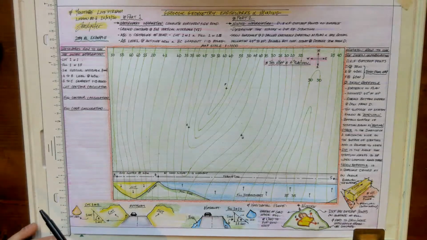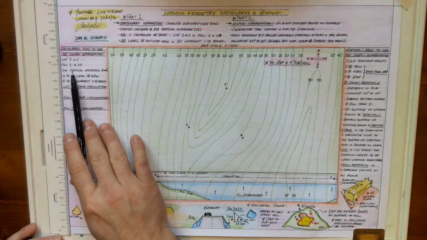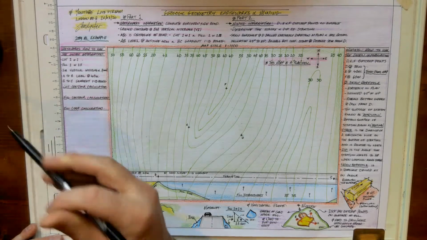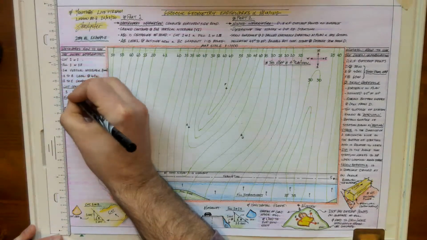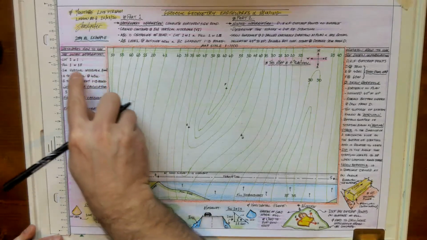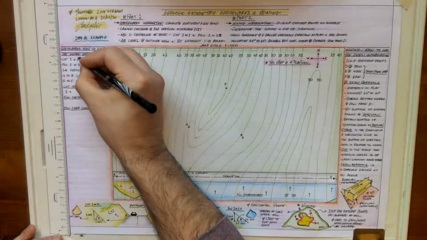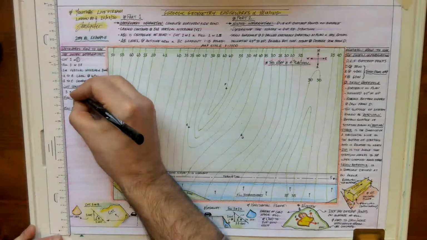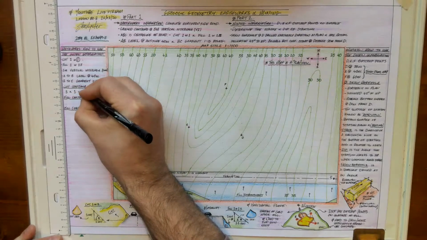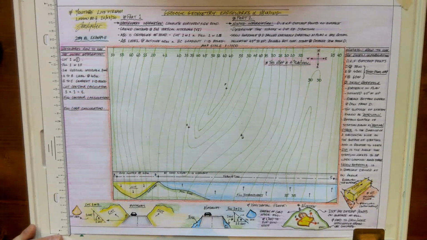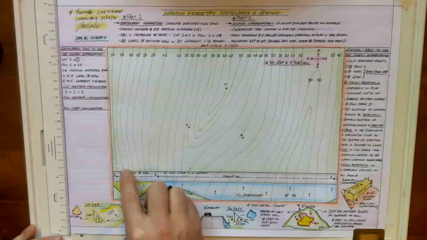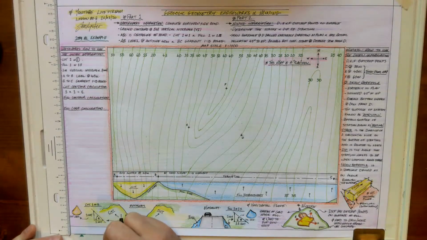So for the cut contour, all I do here, guys, is take the vertical interval value, which I'm going to talk in millimeters now, which is 5 millimeters. I'm going to write that in, and I'm multiplying that by the second number in the cut, 1 in 1. So I'm multiplying 5 by 1, and that equals 5. Each of my cut contour lines are going to be spaced 5 millimeters apart on the actual drawing below.